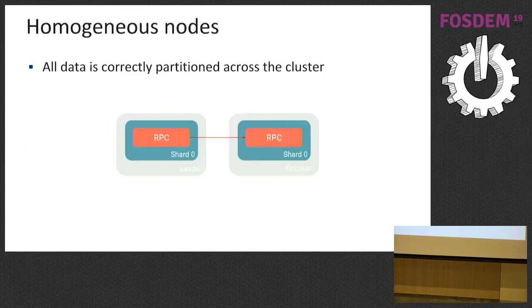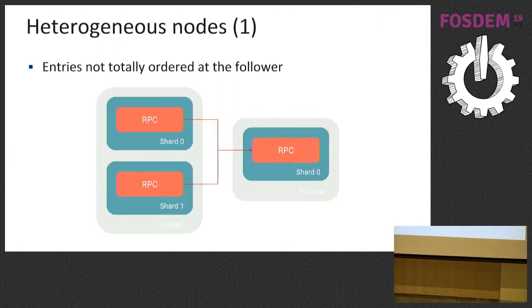If we were dealing with a homogeneous cluster, then everything is fine. Shard 0 of node 0 is going to talk with shard 0 of some other node, and their logs are going to be exactly the same and organized the same way. If, however, we have different shard counts, it can be that different leader shards are talking to the same follower shard. This means that in the follower's log, these entries are not going to match how they're ordered in the leader logs.